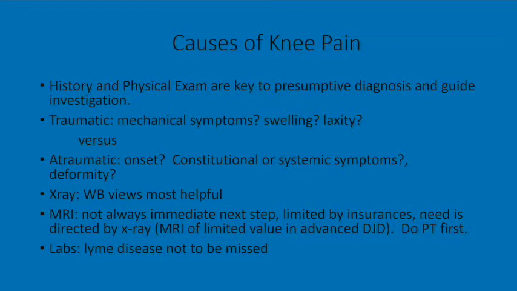MRI, it's not always my immediate next step. It's quite limited by insurance. The need is directed by x-ray, and MRI is of limited value in advanced arthritis. So if I see a patient and I do an x-ray and they have bone-on-bone arthritis, they'll ask me, well, should I get an MRI? The answer is no. It's not going to tell us anything we don't know already. I don't really care whether or not they have a degenerative meniscal tear. They are going to have one if they have significant medial compartment narrowing or lateral.